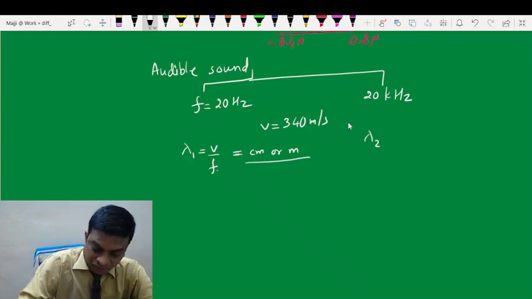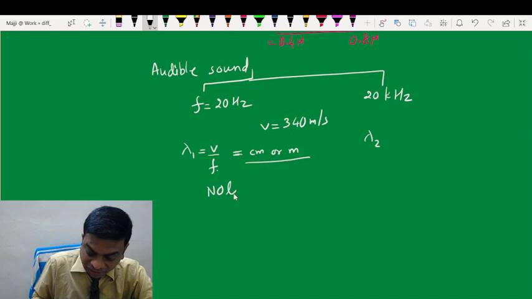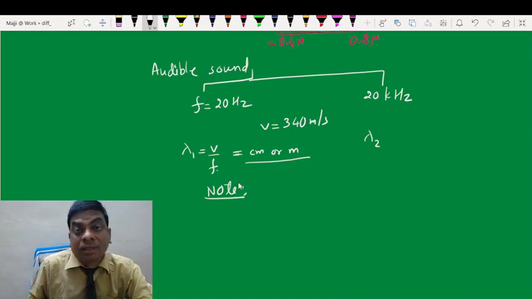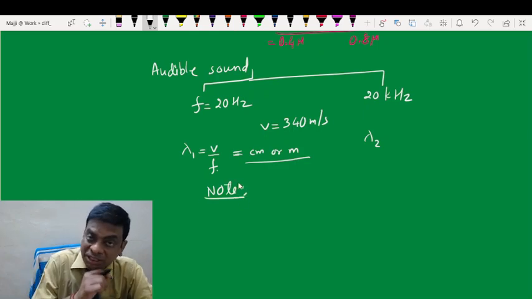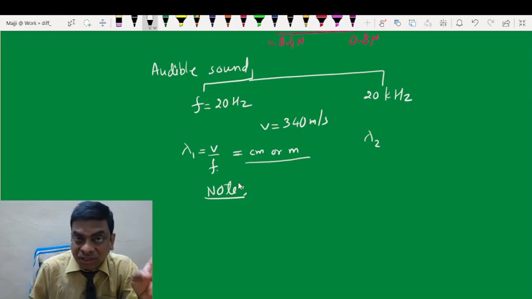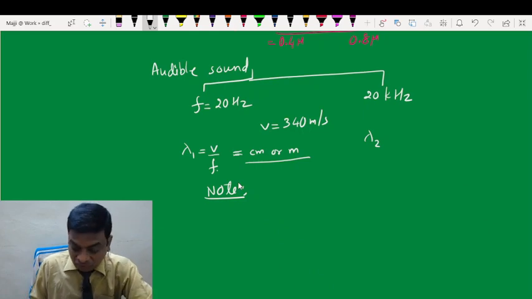Now one thing let me tell you students, that diffraction is a common phenomenon which will be observed in the case of each and every wave regardless of its nature. It could be a transverse wave, it could be a longitudinal wave, it could be an electromagnetic wave, I mean non-mechanical wave, or it could be a mechanical wave, whatever be the case.